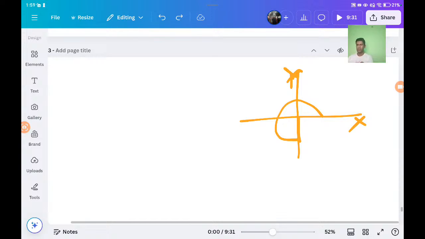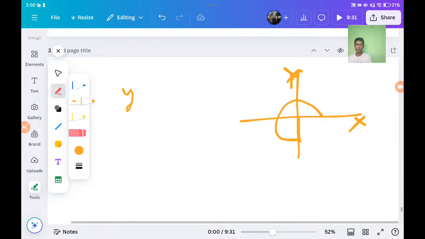And y equals r sin theta, where r equals 2 and theta equals 270 degree.